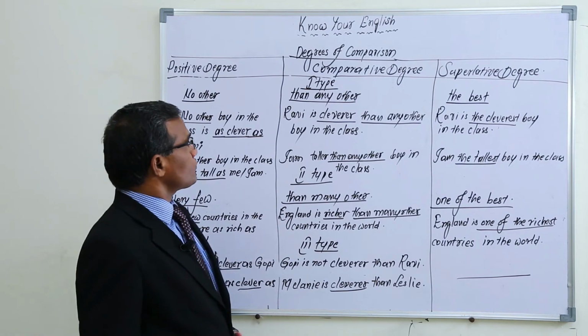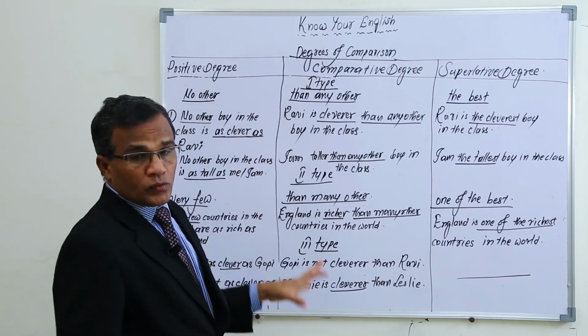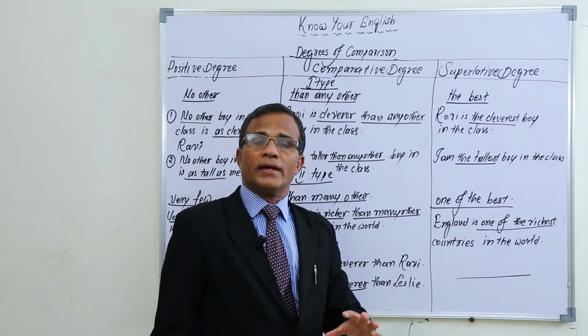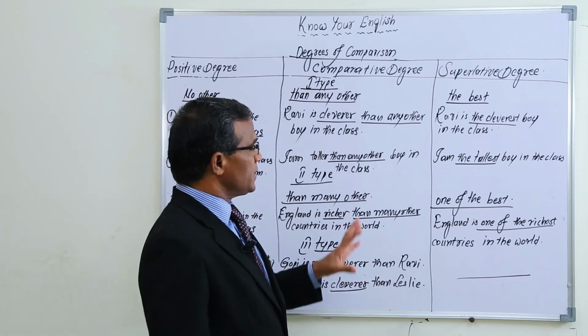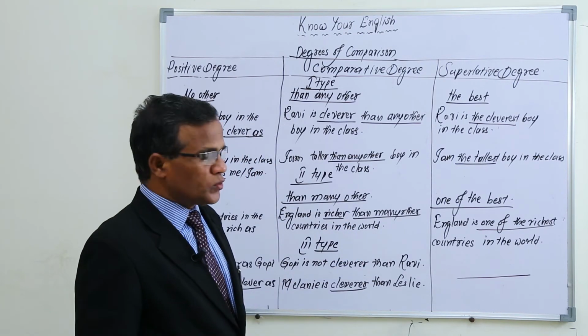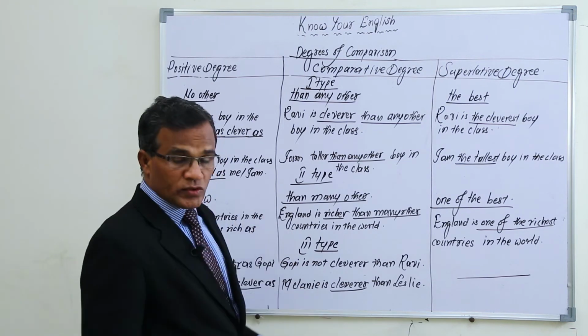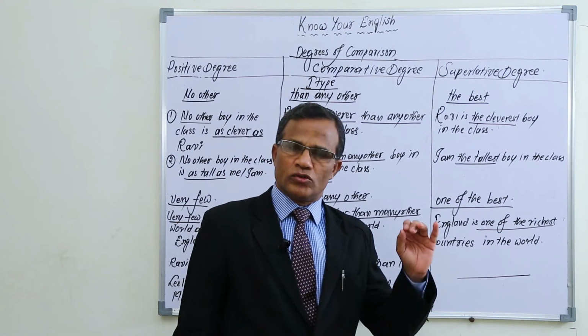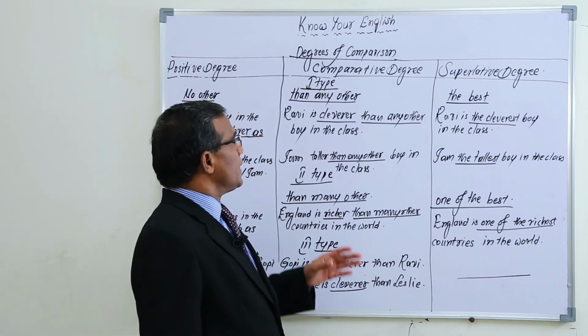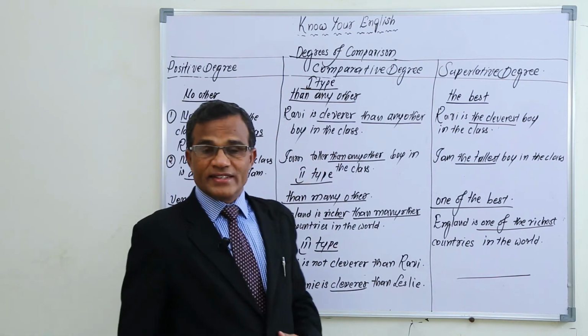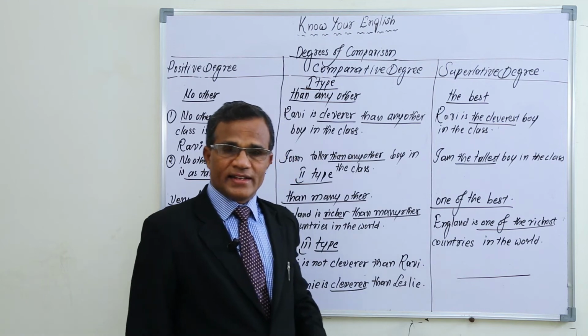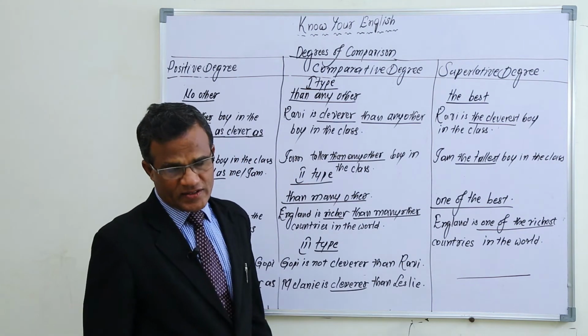Right, okay. So we have known what the forms of adjectives and adverbs are. Generally there are three forms: positive degree form, comparative degree form, and superlative degree form. And the sentences are positive degree sentence, comparative degree sentence, and superlative degree sentence.